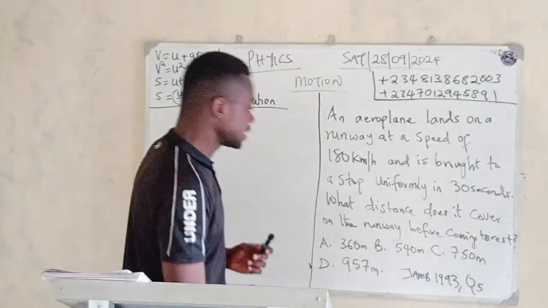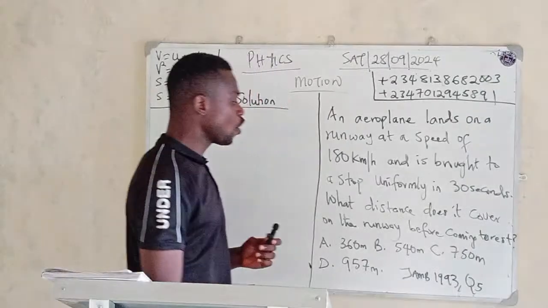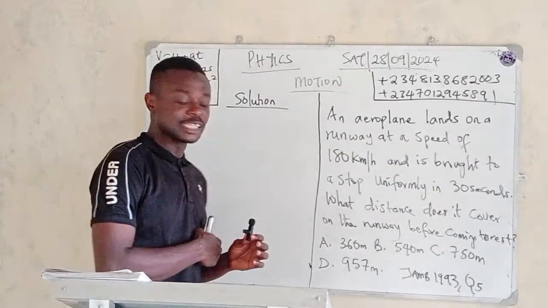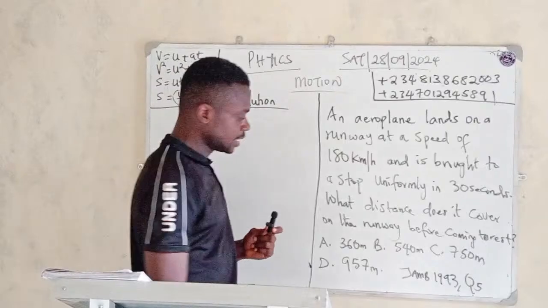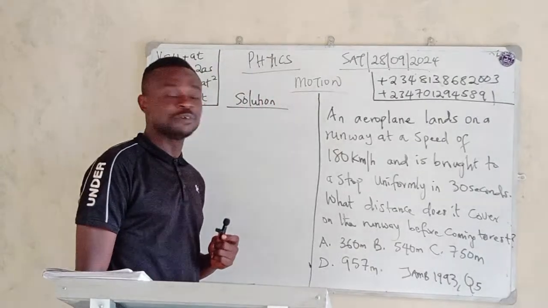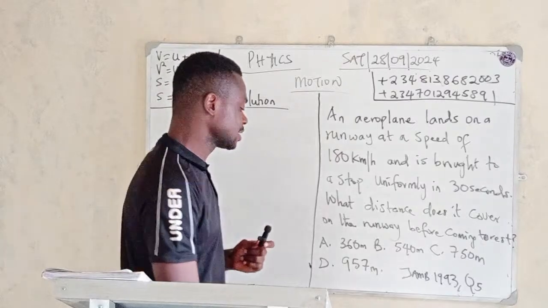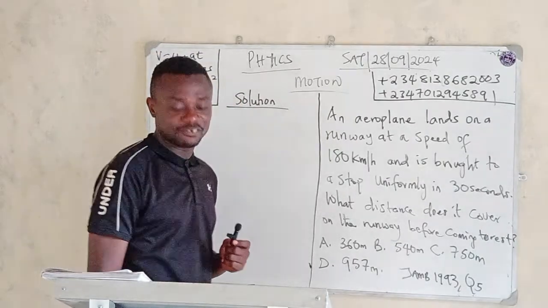What distance does it cover before coming to rest? A. 360 meters. B. 540 meters. C. 750 meters. D. 957 meters. JAMB 1993 question 5.